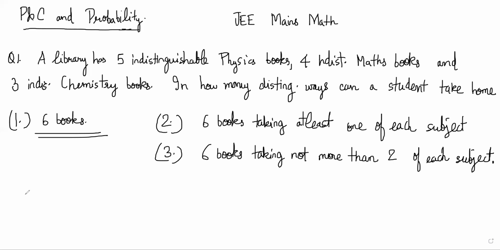Is it 12 factorial divided by 5 factorial, 4 factorial, and 3 factorial?